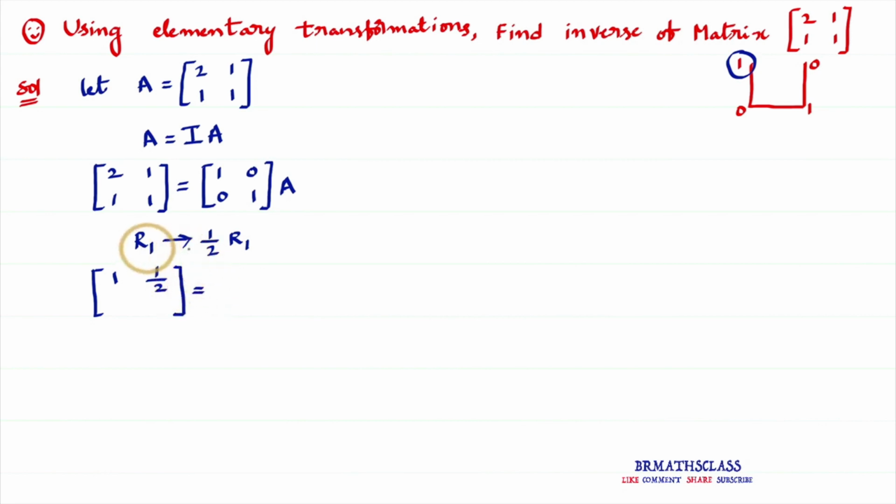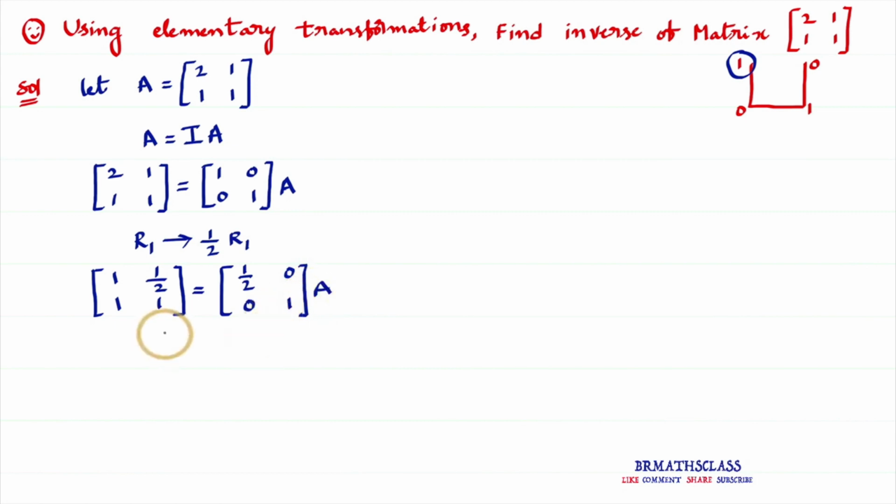Here the thing is, this operation is applicable for this matrix also, for the first row. Okay, 1 by 2 into 1. 1 by 2 into 1 is 1 by 2. Okay, next 1 by 2 into 0. 1 by 2 into 0 is 0. I hope you are understanding. Is there any change in row 2? No, there is no change in row 2. So I'll write row 2 as usual. 1, 1, 0, 1 into A.